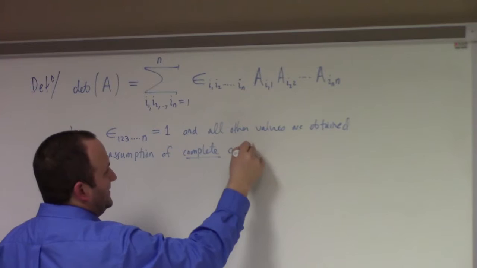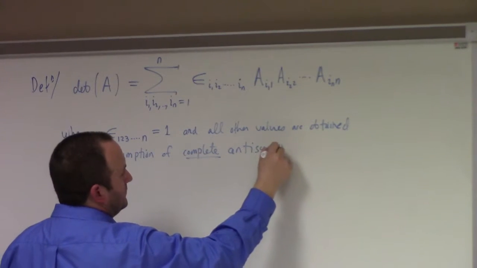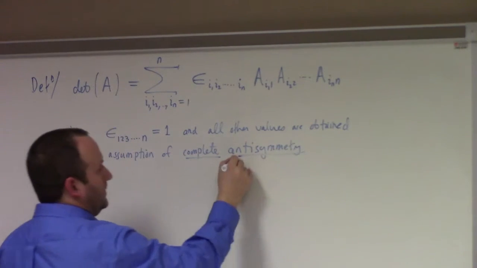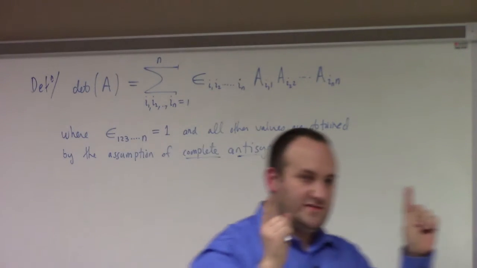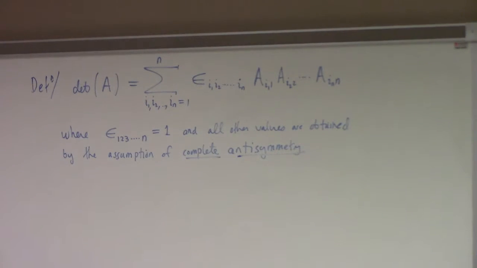What's complete antisymmetry? Complete antisymmetry is the notion that if I exchange any two of the indices in the epsilon symbol, I get a minus. All right. It's not at all obvious why this is the volume.